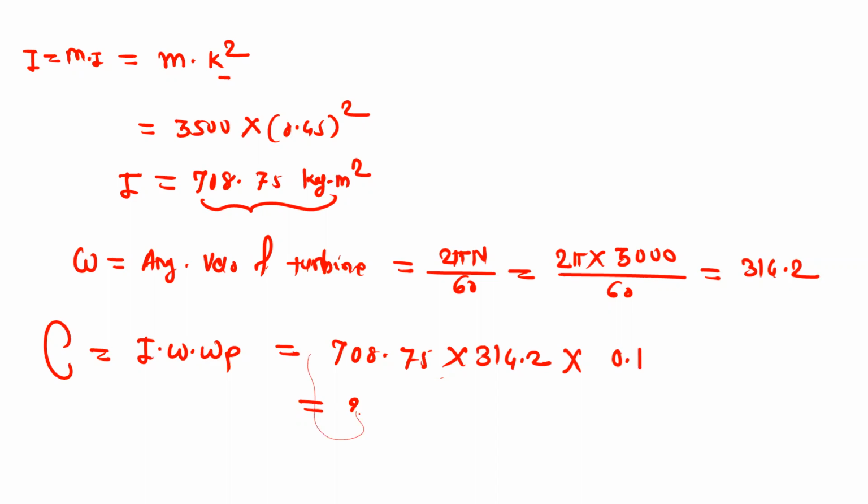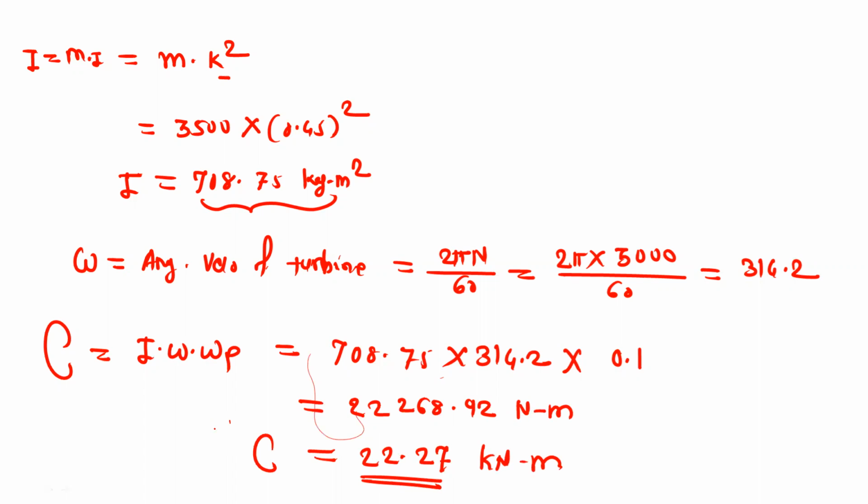So this is equal to 22,268.92 Newton meter. So this is equal to approximately 22.27 kilonewton meter. So this is the value of gyroscopic couple during the steering motion.